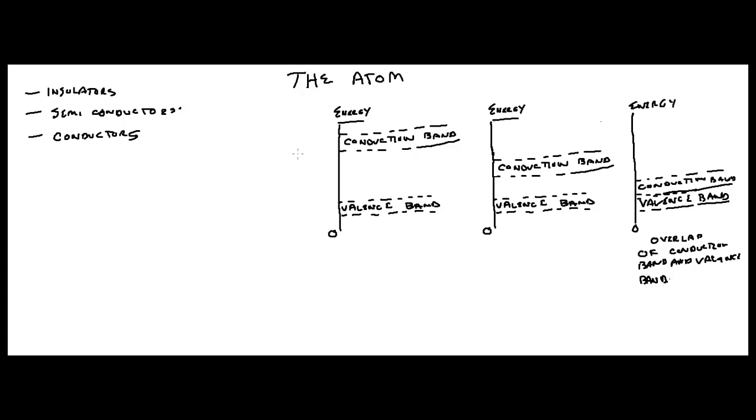When valence electrons acquire enough energy and leave the valence band and become free electrons, they move to the conduction band. So that's the process, what has to happen. So in this case, if we look at this one, this is an insulator, isn't it?